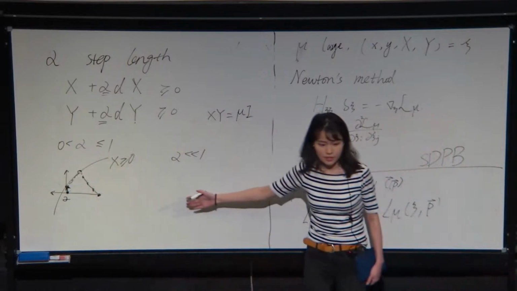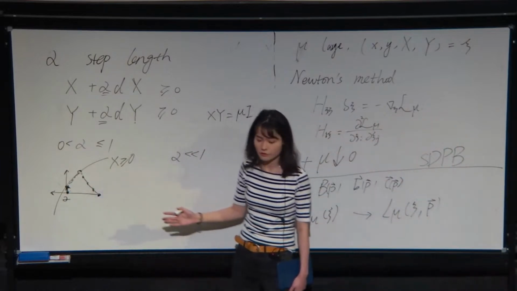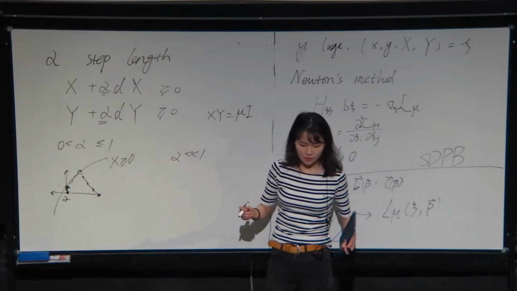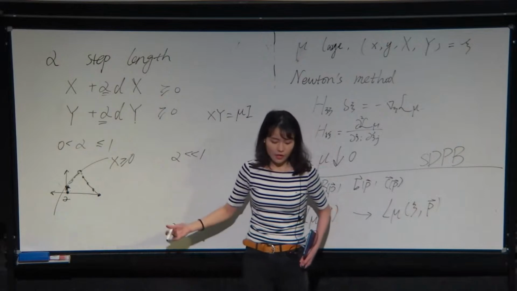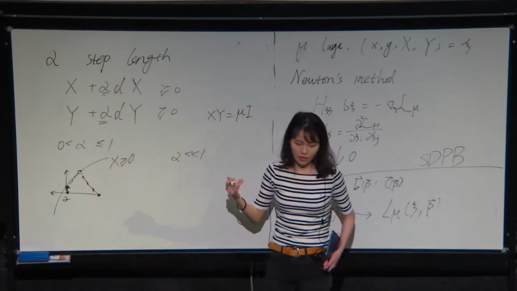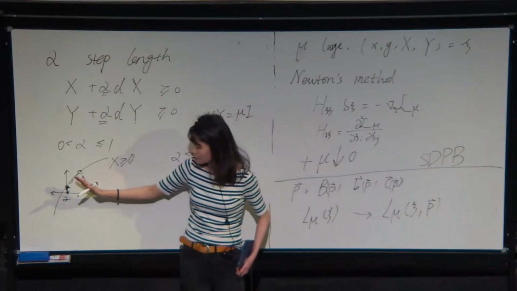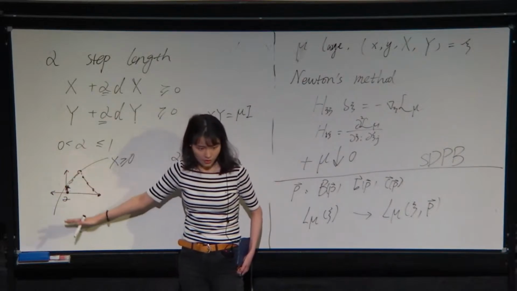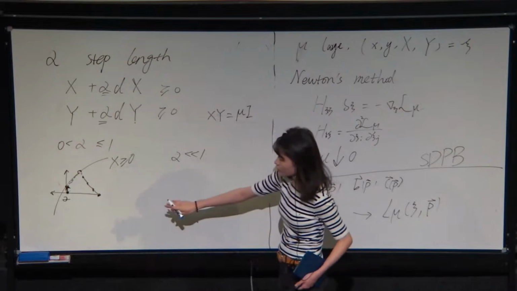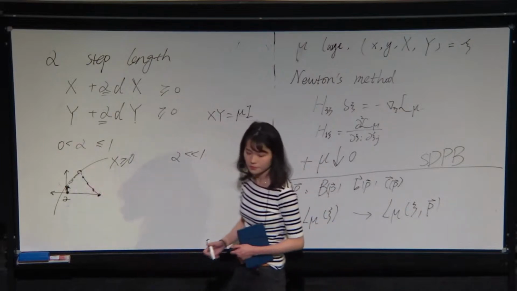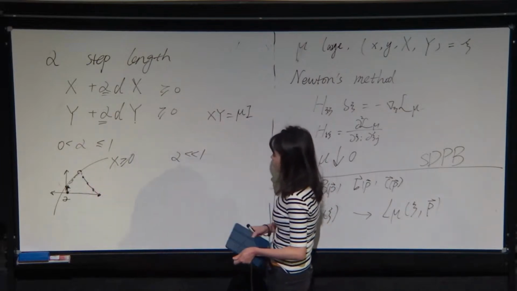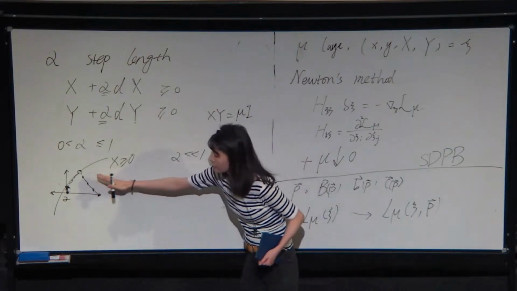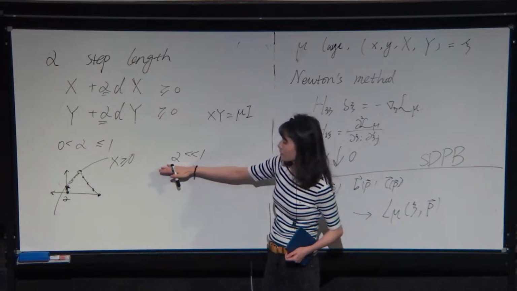That's why alpha is an important parameter to characterize how close we are to the boundaries, because when it stalls, it's very hard to kick it out. The essence of the interior point method is to avoid those points, to ensure good convergence.